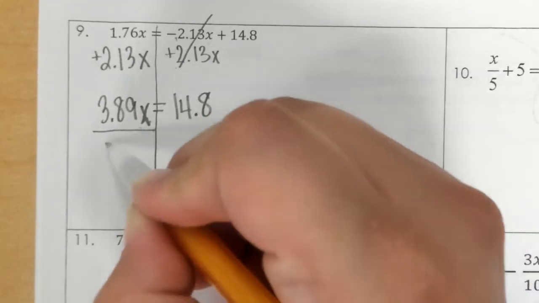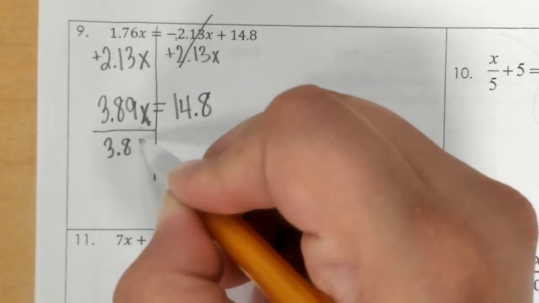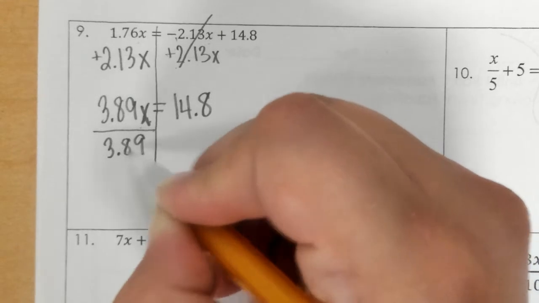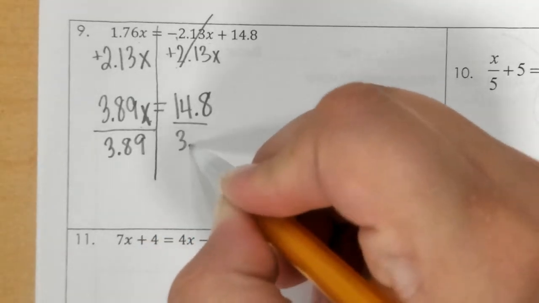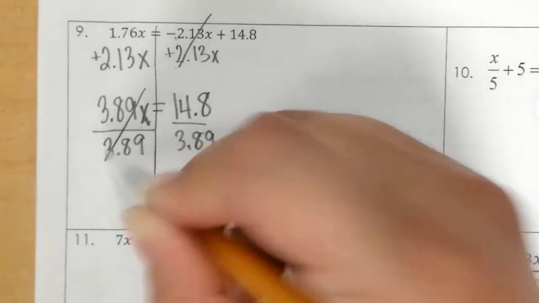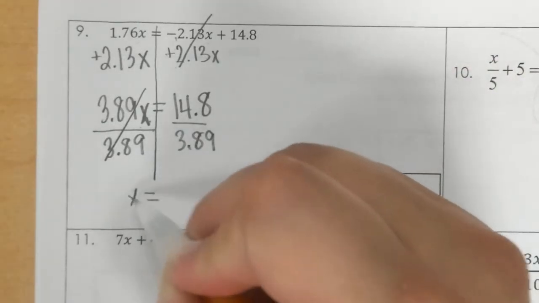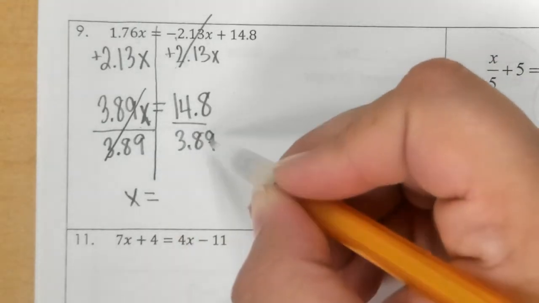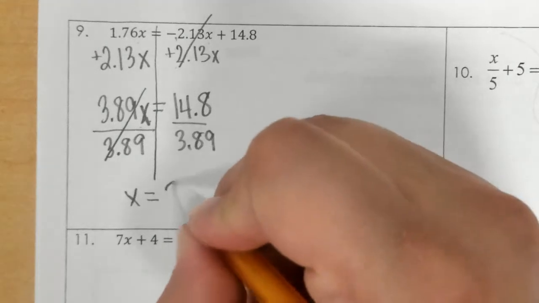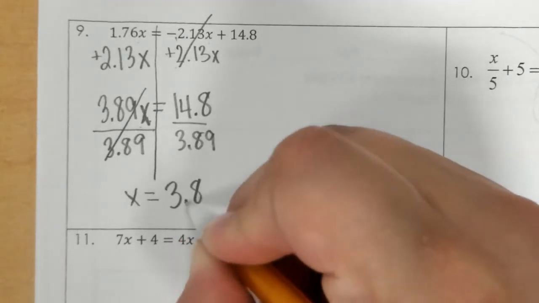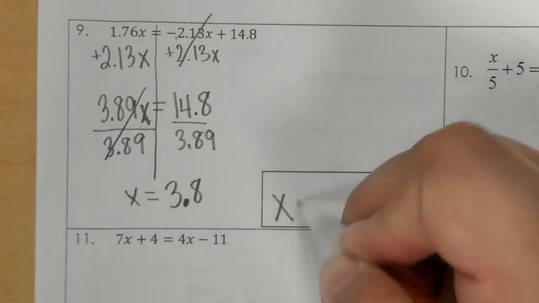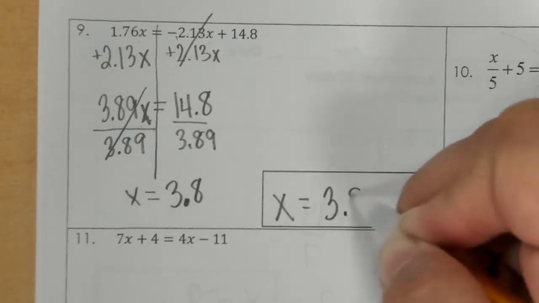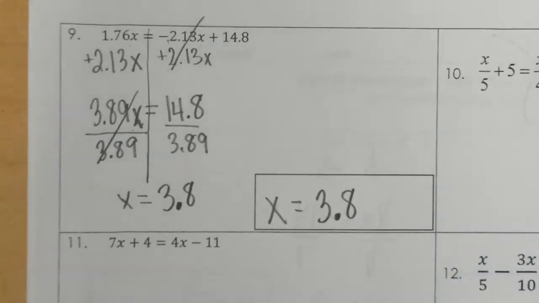So the opposite of that is to divide by the 3.89. And if we divide the 14.8 divided by 3.89, this gives us 3.8. And I went ahead and just rounded to the nearest tenth on that one.